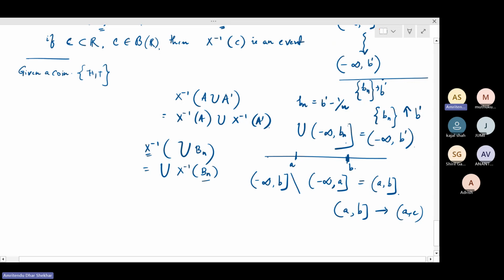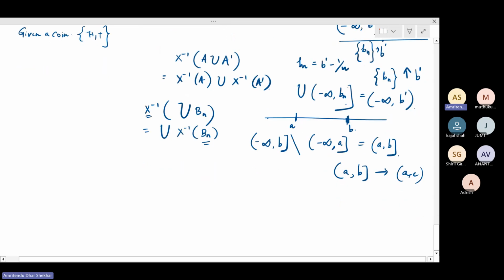Okay. Another thing to keep in mind is the same with intersections as well. So if you have X inverse of intersections of Bn's, then again this commutes with the operation. And this is true not just for finite but countable intersections as well.